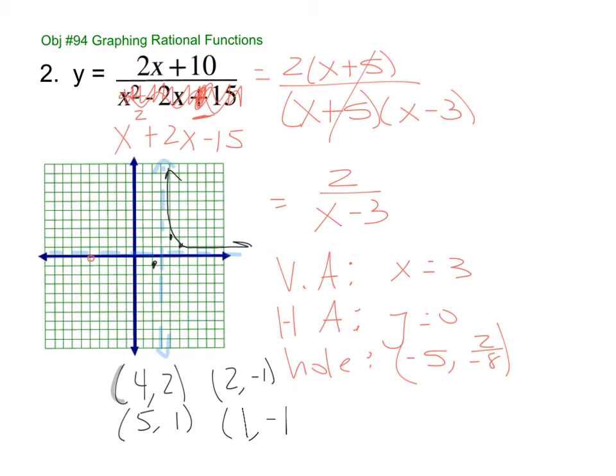I got negative 1 again. What did I do wrong? That's a negative 2. I should probably redo this video, but I don't want to. All right, so at that point that I had there, I filled in that hole. Everything is exactly the same, but at that point we're going to put where the hole is.